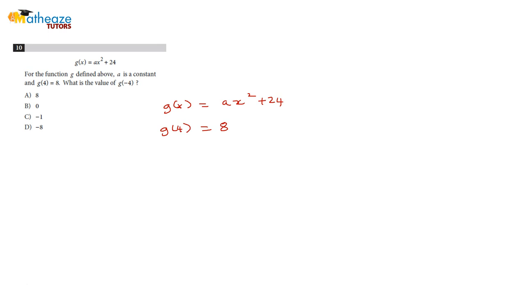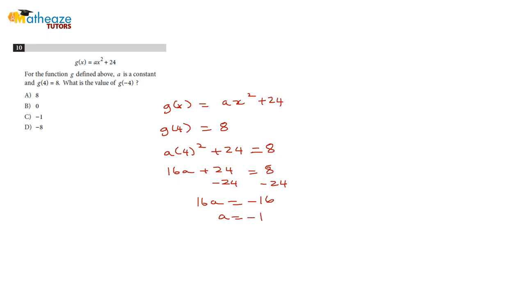That means that a times 4 squared plus 24 equal to 8. So 16a plus 24 is equal to 8. We subtract 24 from both sides. So we have 16a equal to negative 16. So a equal to negative 1.